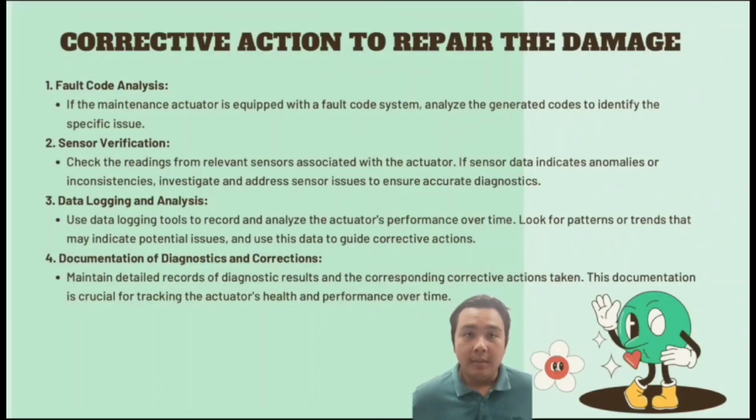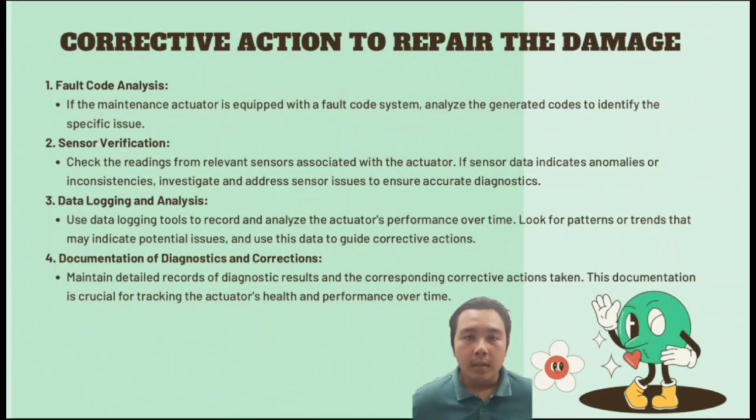The next part is corrective action to repair the damage. The first one is fault code analysis. If the maintenance actuator is equipped with a fault code system, analyze the generated code to identify the specific issue. Second, sensor verification. Check the reading from relevant sensor associated with the actuator.